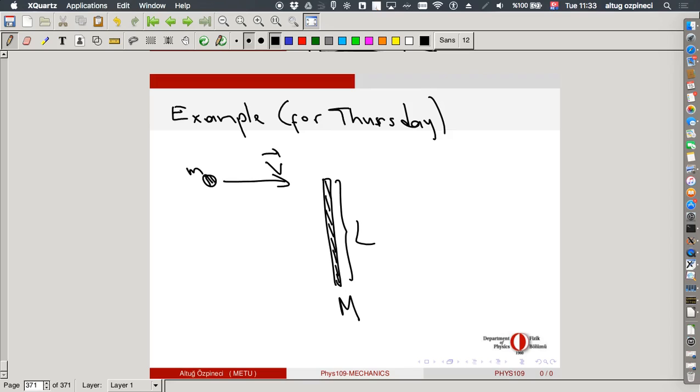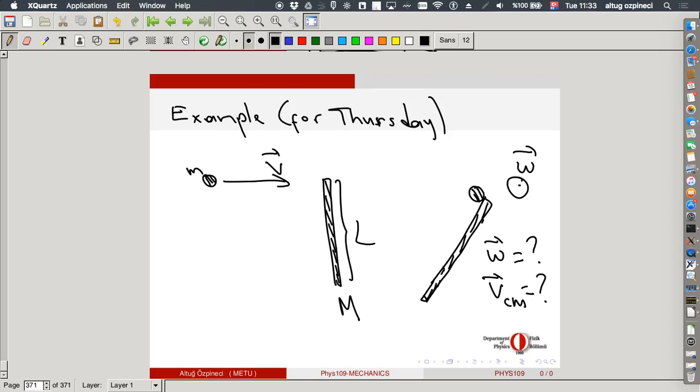There is no friction. It hits and sticks to your rod at the end, and everything starts rotating. What will be omega? What is the velocity of the center of mass? They stick together, and after that they move together.